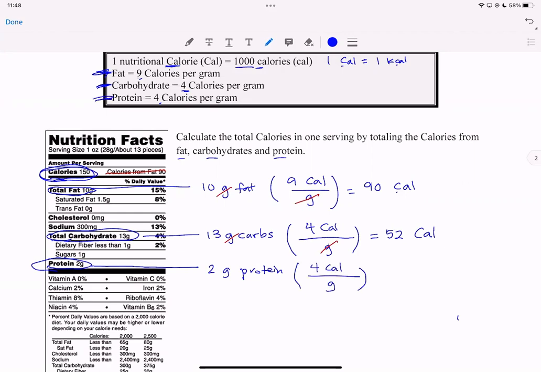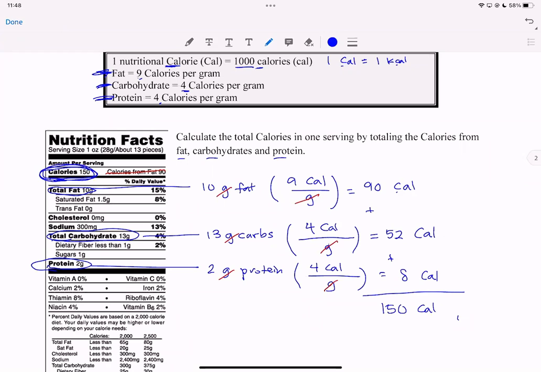So 4 calories per gram, the grams will cancel out, and then you have 8 calories from protein. Adding all that up, 90 plus 52 plus 8 adds up to 150 calories. So that does match the calorie count on this label.